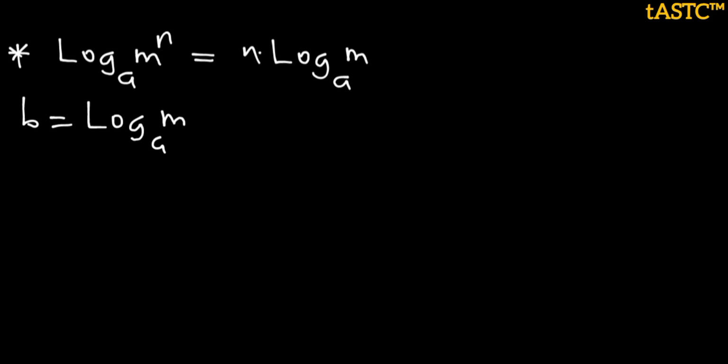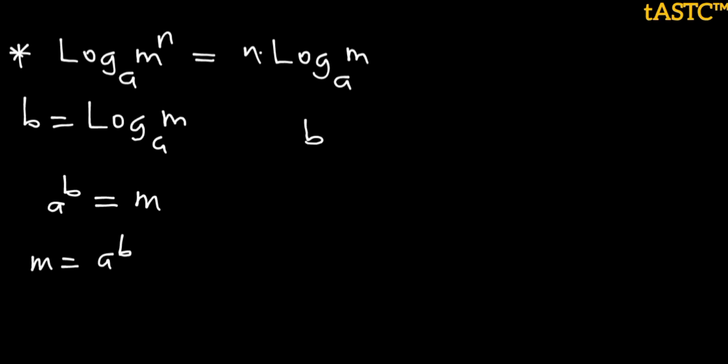Now I'm going to change this logarithmic expression and convert it to its initial form. So this would obviously be a to the power of b. That is going to be equal to m. So I got m equal to a to the power of b. Now what is going to be the next thing that I need to do? Now remember that we actually had n from the initial expression.